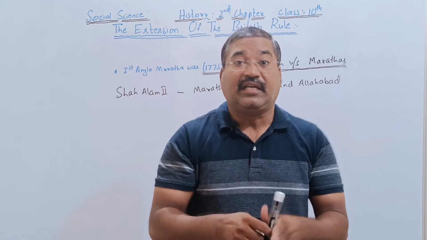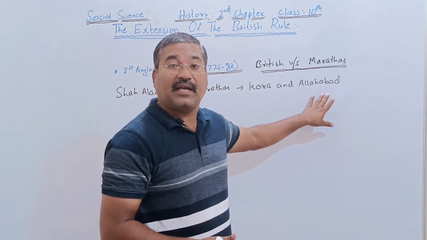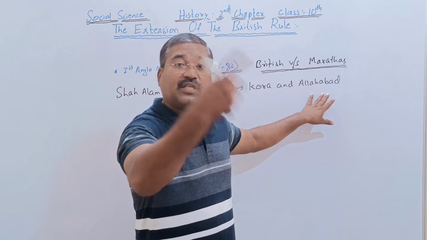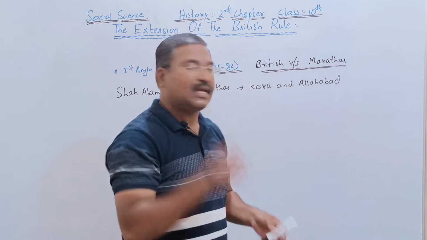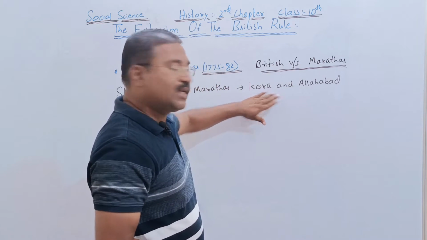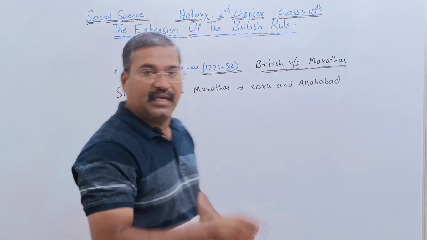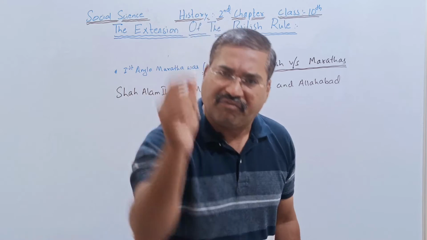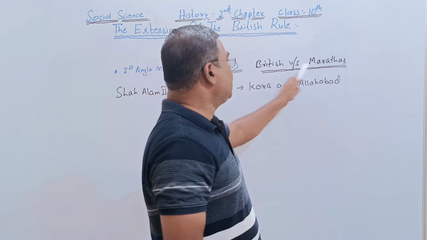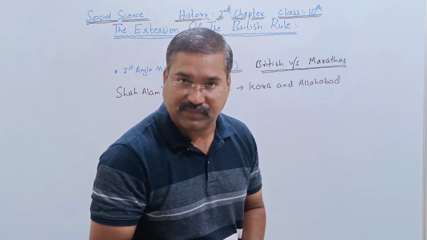It's because the same two places, Kora and Allahabad, were given earlier to the British. Now those places were being taken and given to the Marathas. It became the reason for the start of the clash between the British and the Marathas.